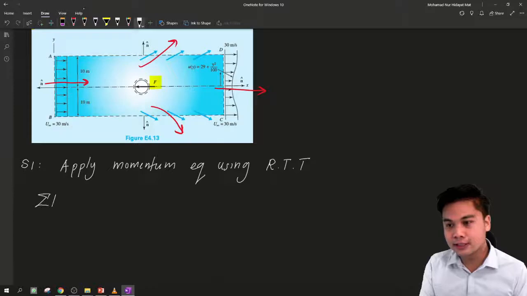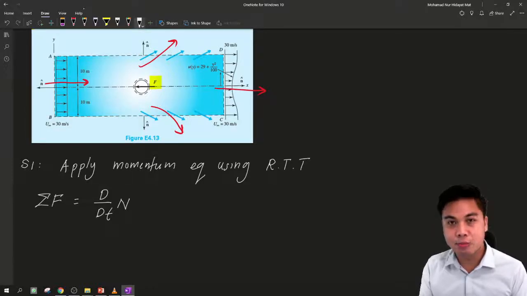The summation of force, this is for momentum, equals capital D over dt of the extensive property of the system.